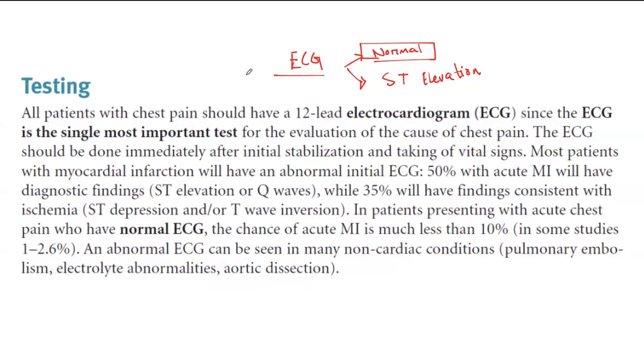You never know. And the next thing is that it's not always that the patient will have an ST elevated MI. They can have a non-ST elevated MI. So if you don't do any further test, you will miss that. So even if a patient has got a normal ECG, but has active chest pain, you will need to do a cardiac enzyme, which is basically the troponin, to rule out any possibility of a non-ST elevated MI.